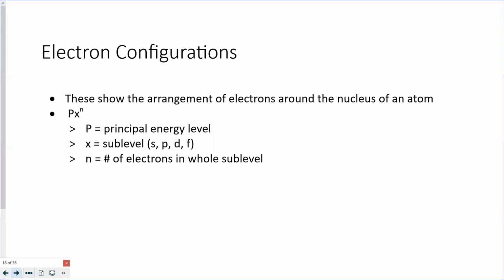So that's the background part to the quantum mechanical model. And what we do with this is we show where electrons are going to be found around the nucleus of an atom.